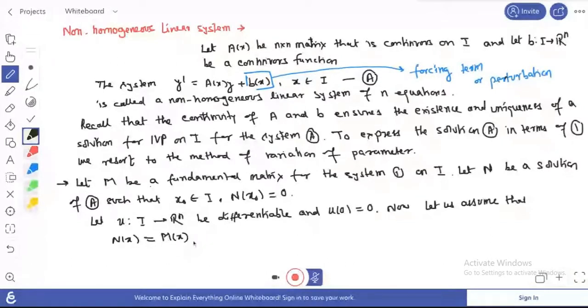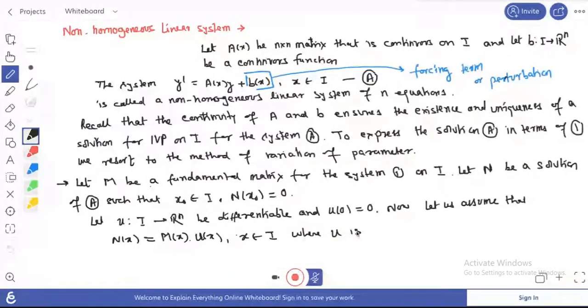So this is multiplied by U(x), as in the method of variation of parameter. Okay, and suppose x belongs to that interval, where you have to find the value of U. If you find this U(x) and multiply it by the homogeneous solution, that is the fundamental matrix M(x), then the product of these two is your general solution of this non-homogeneous system of linear equations.